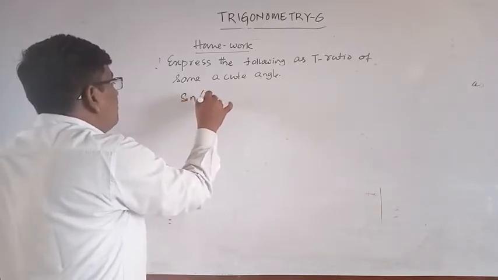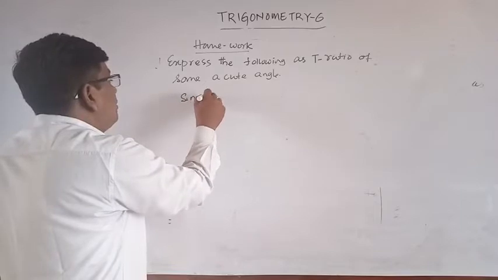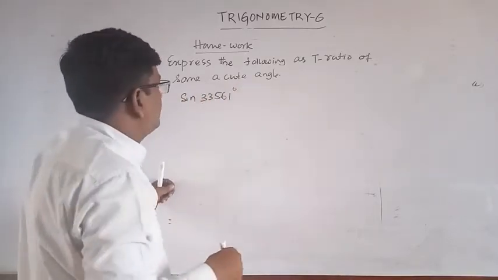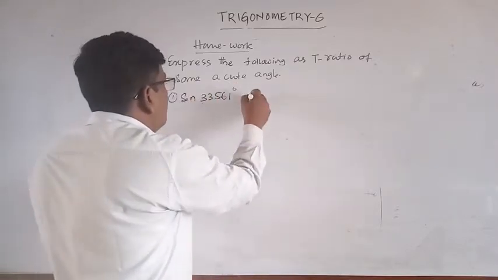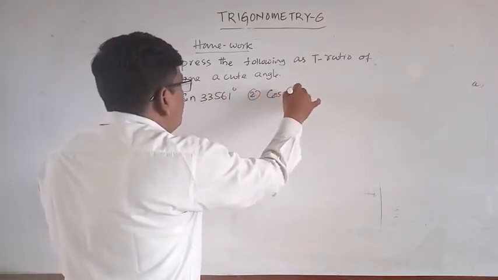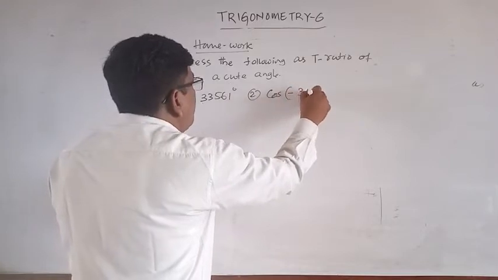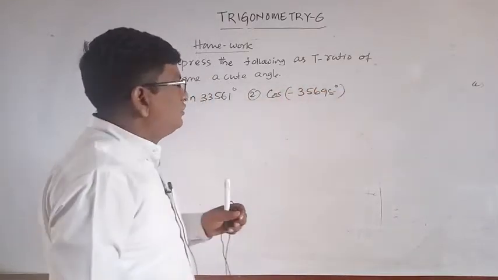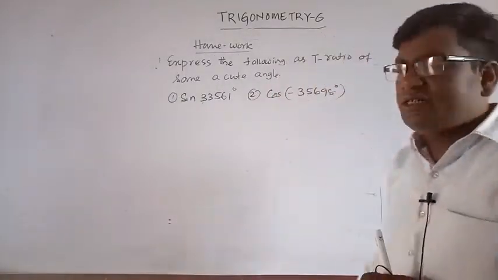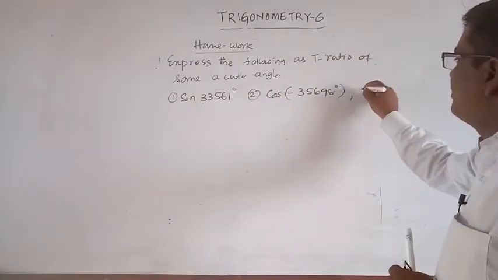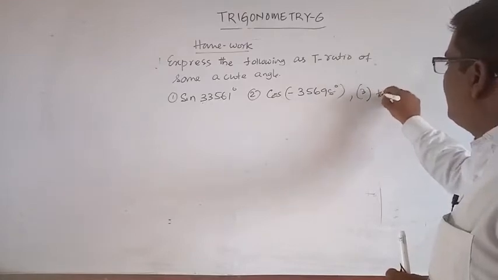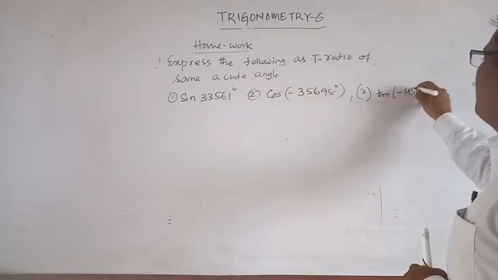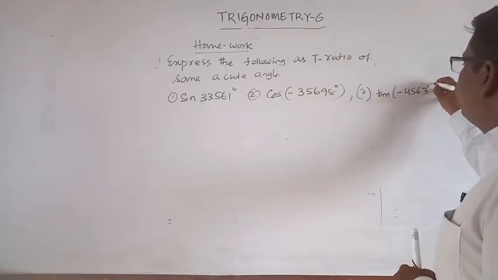Sine of 33561 degree. Number 2, cos of minus 35698 degree. And third one is tan of minus 4563 degree.